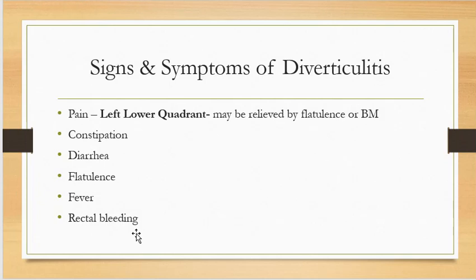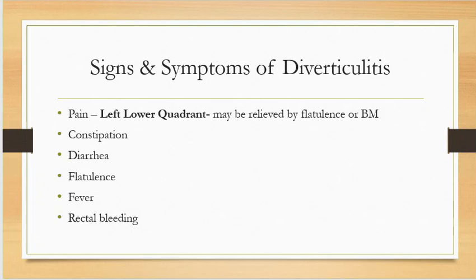All right, so signs and symptoms of diverticulitis. Depending on where it is in the abdomen, they can have constipation, and then diarrhea, and lots of flatulence. It usually occurs in the left lower quadrant, and it can be relieved by having a BM. A patient can complain of pain, and then all of a sudden they have a BM and the pain has gone away.